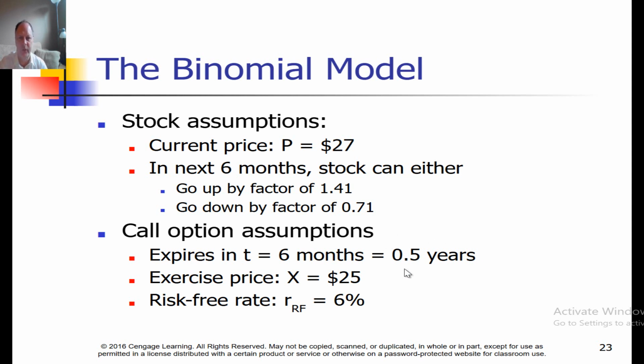Its exercise price is $25, so initially the intrinsic value is 27 minus 25, or 2, and the risk-free rate is 6%. The risk-free rate is important because you can always take your money and invest at the risk-free rate versus an option, or you could exercise the option and get the money and invest at the risk-free rate, and these issues will affect the option price.